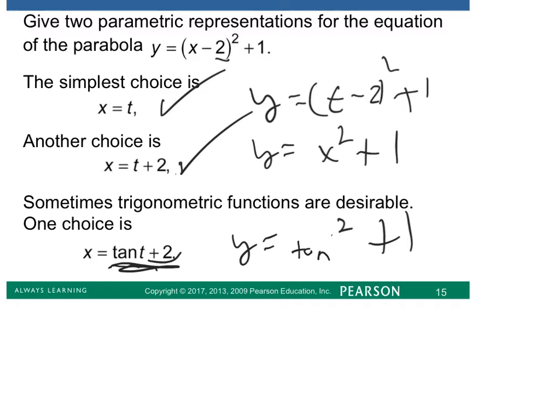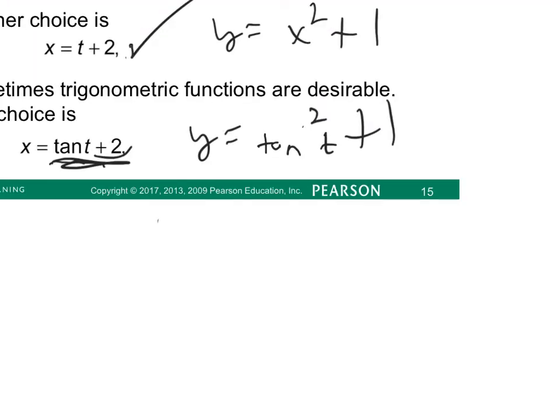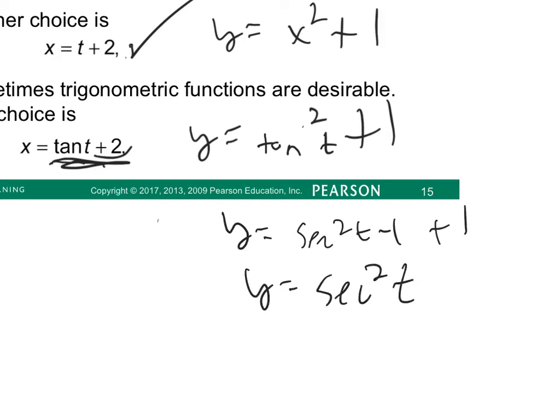No, tangent squared t, sorry. So tangent squared is equal to secant squared minus 1, so that could turn into y equals secant squared of t minus 1 plus 1. Y equals secant squared of t, I believe, is my identity.